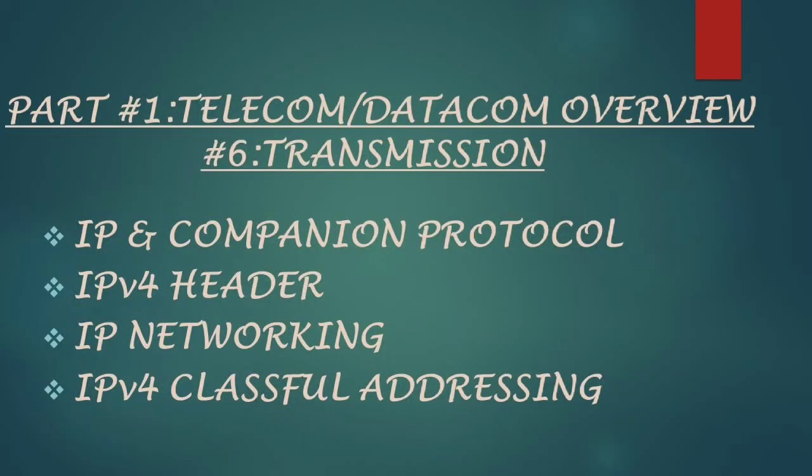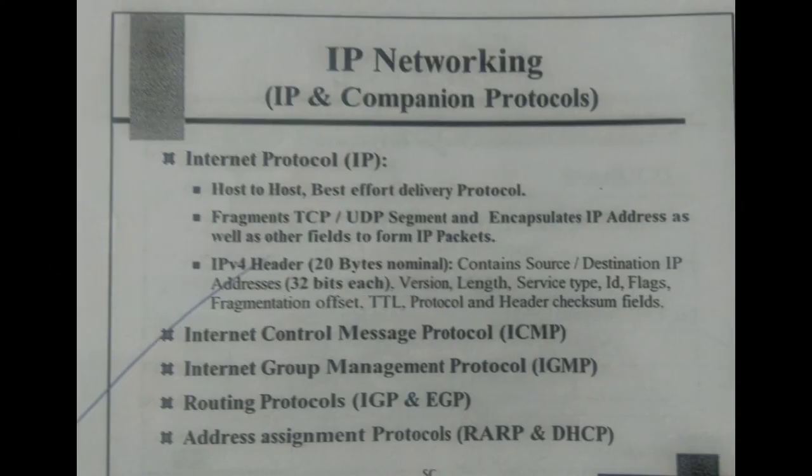The syllabus covers IP and companion protocols, the IPv4 header, IP networking, and IPv4 classful addressing. So let's start with IP networking, IP and companion protocols. Internet Protocol, as we know, is a host-to-host, best-effort delivery protocol.